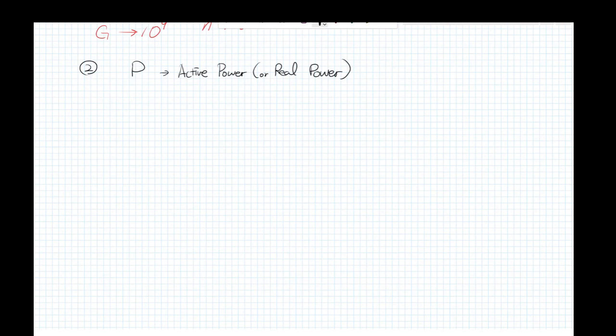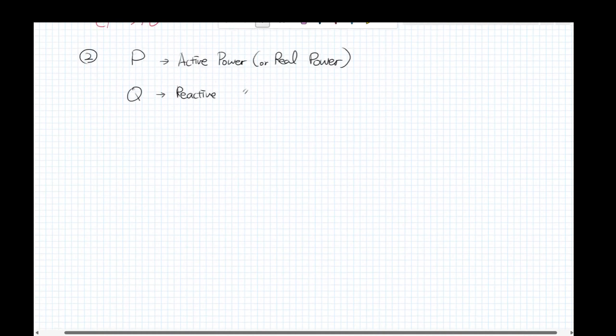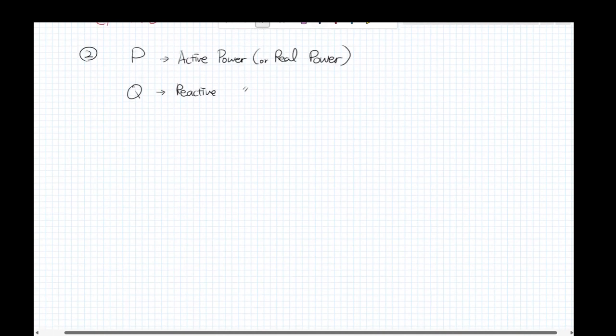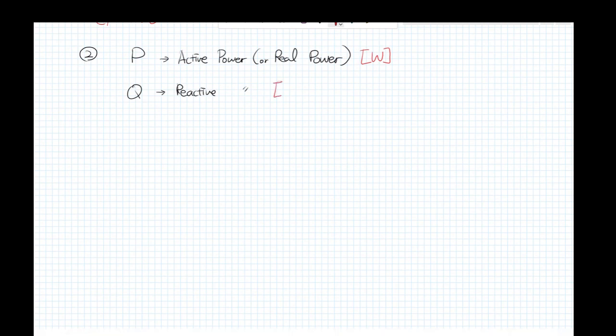It depends on the instructor, or it depends on the books or lectures. And Q is reactive power. Okay. The unit is what? Okay, it's very important. And VAR, this is for reactive power. Okay.